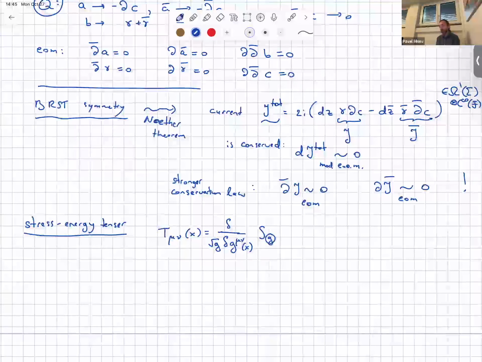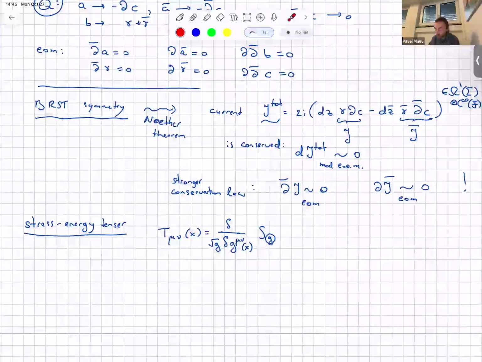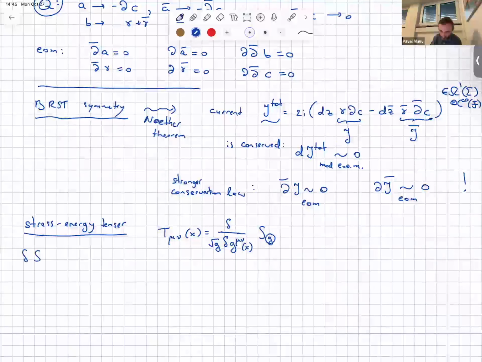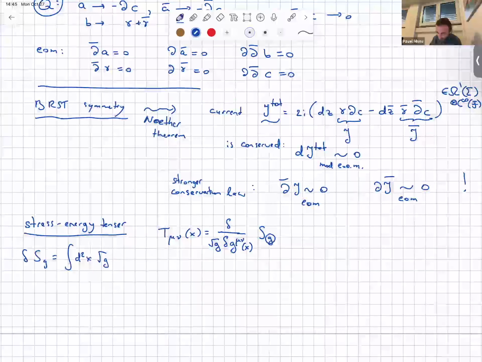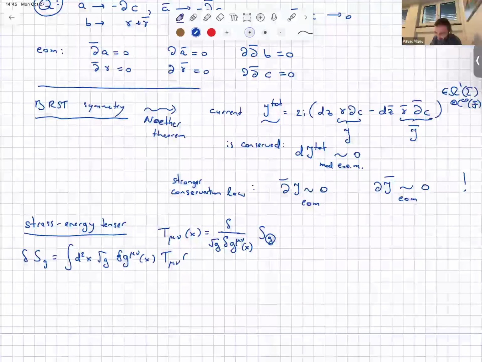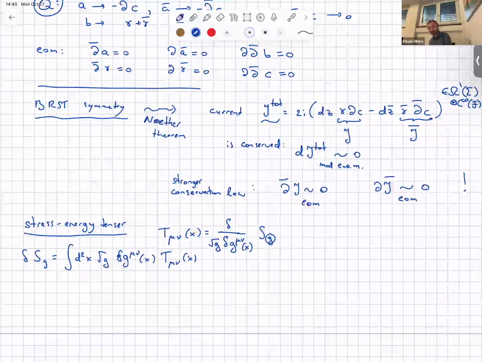So the variation of S under a small change of the metric would be the variation of the inverse metric times T. That's Hilbert's definition of the stress energy tensor.